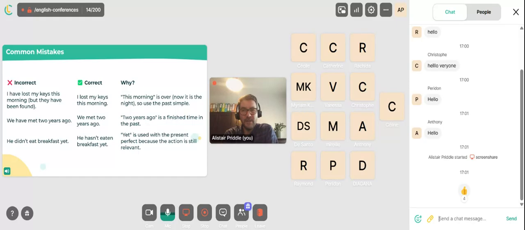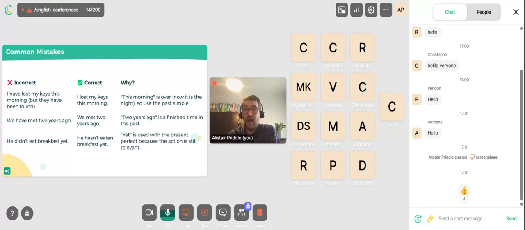Okay, so on the left, we have incorrect sentences. In the middle, the correct version. And then on the right, the reason why. So let's have a look at these in turn. The first example: "I have lost my keys this morning, but they have been found." Yes, this is incorrect.